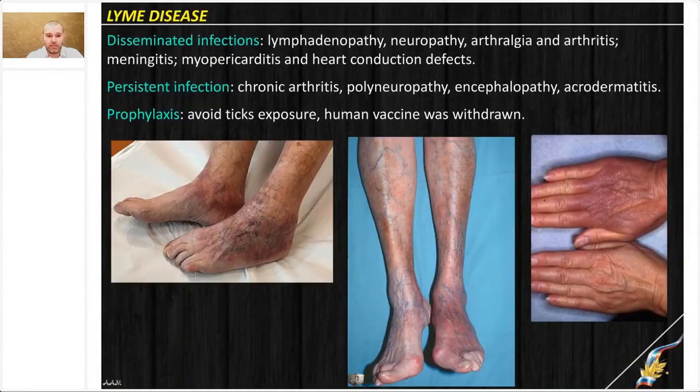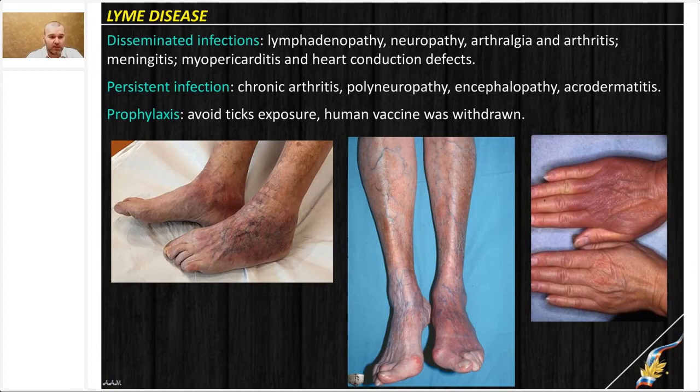But after some time, that lesion will disappear, and actually bacteria will start migration through the bloodstream into the body and some other organs. And disseminated infection, when bacteria spread, will manifest with neuropathy, lymphadenopathy, some pain in joints, and maybe arthritis.